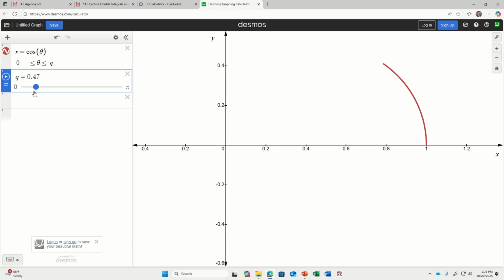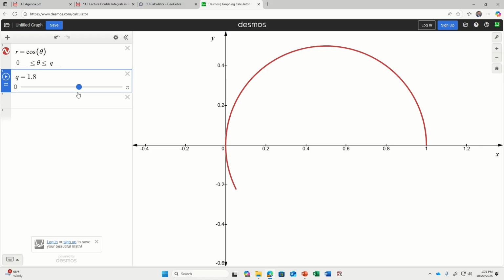I've got a slider now that's going to let me track from 0 to pi. So starting off at 0, now theta is increasing. As theta increases, it draws out this semicircle. And then, like I said, cosine of pi over 2 is 0. So we find ourselves at the origin.